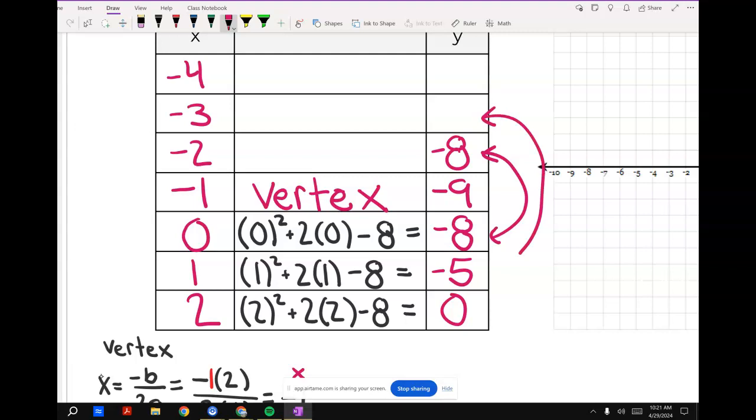I know my output for -3 is going to be -5. I know my output for -4 is going to be 0. Again, this mirroring only works because we started with the vertex in the middle. We could have just picked random x values and gone through, but then we would have had to do work in every single row. Now we're cutting the amount of calculations we have to do in half.